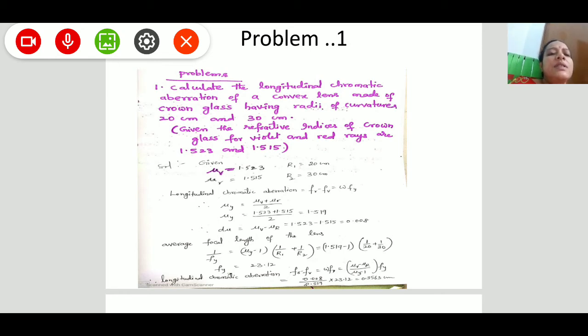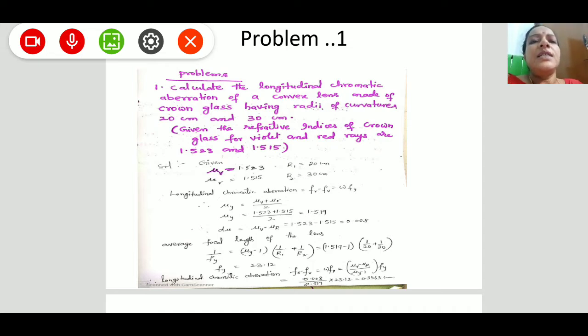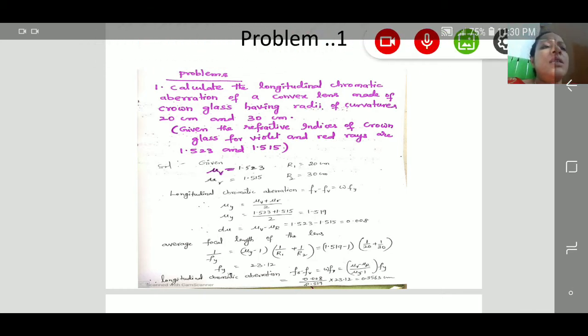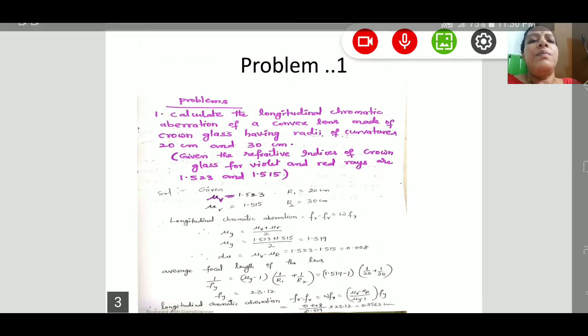To solve this problem, refractive indices are also given. For crown glass, the refractive indices for violet color and red color are 1.523 and 1.515. Let us think how we solve this problem.